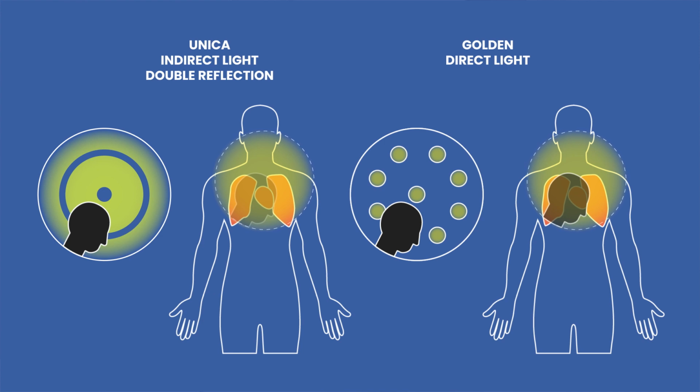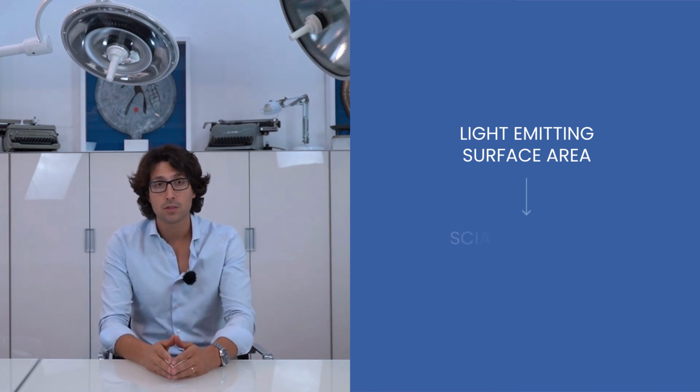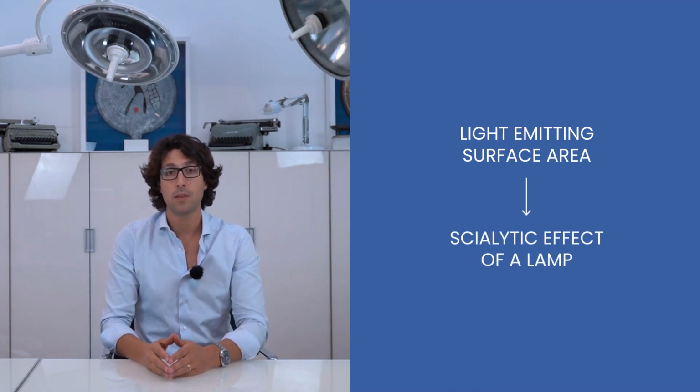One can easily notice how in the case of the right solution, the impact of the presence of the obstacle is greater, which means that less light will be available on the surgical field and therefore the visibility will be lower. The area of light-emitting surface thus has a direct correlation with the shadow suppression capacity of a surgical lamp, that is, its ability to eliminate shadows.